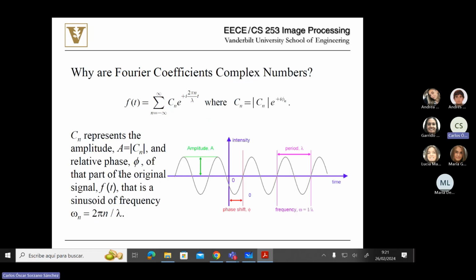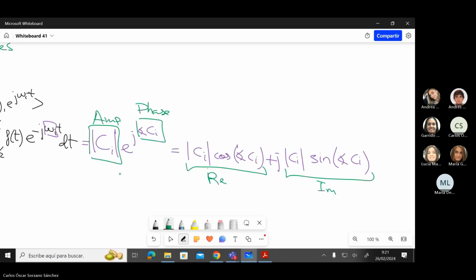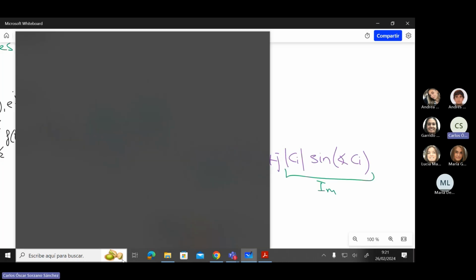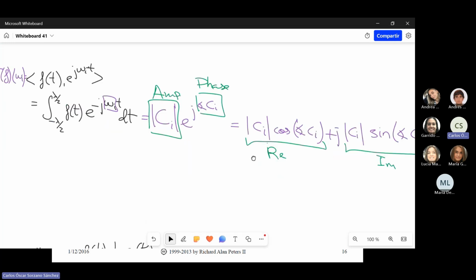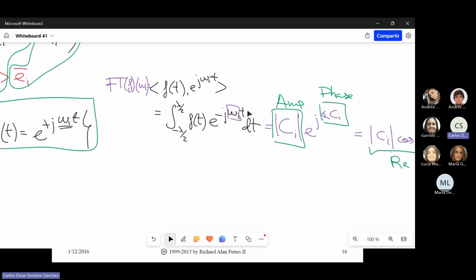So, why are Fourier coefficients complex numbers? Now we already know. We are adding many complex numbers. These are complex numbers, and then we are multiplying by a real one.